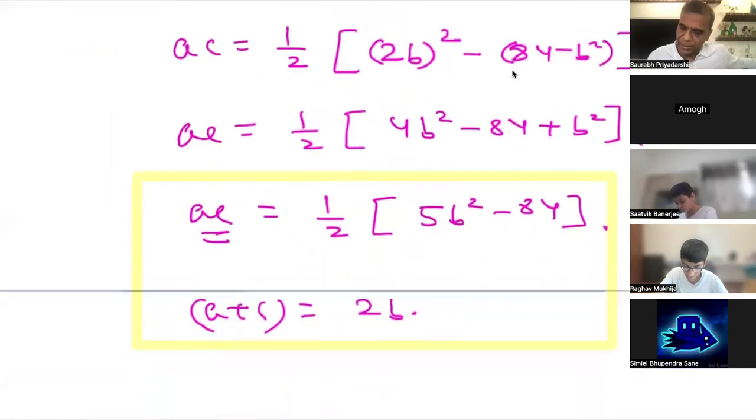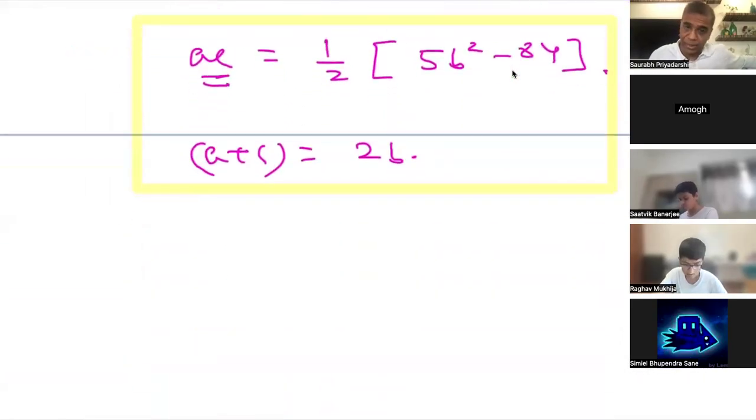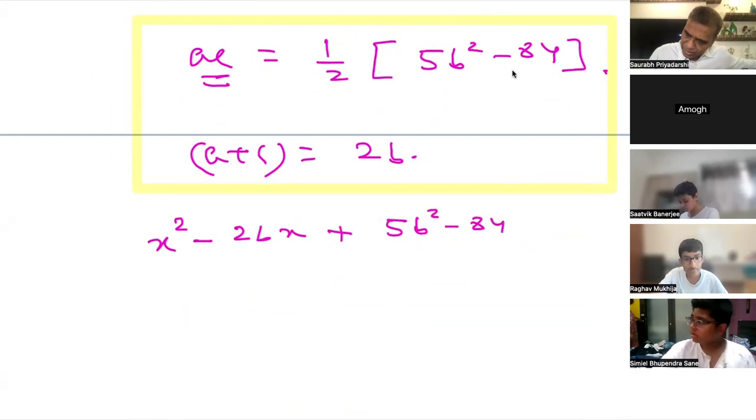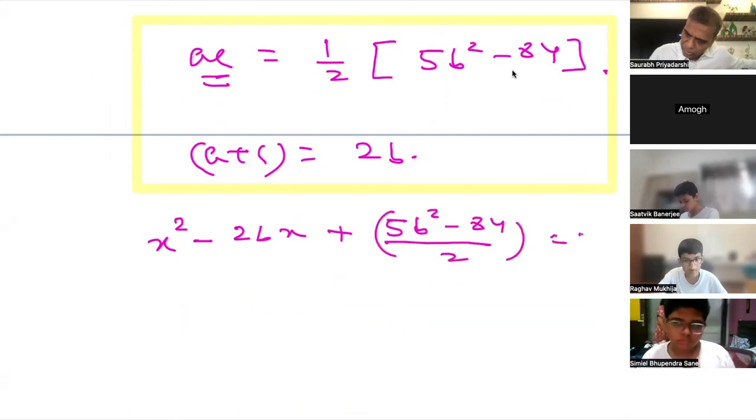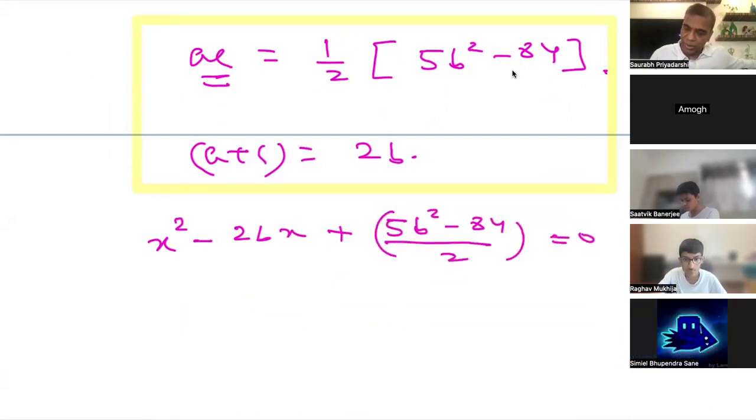Or can I say this? If A and C are real numbers, then x squared minus 2bx plus (5b squared minus 84) by 2 is equal to 0 is a quadratic equation whose roots are A and C. Can I say this?